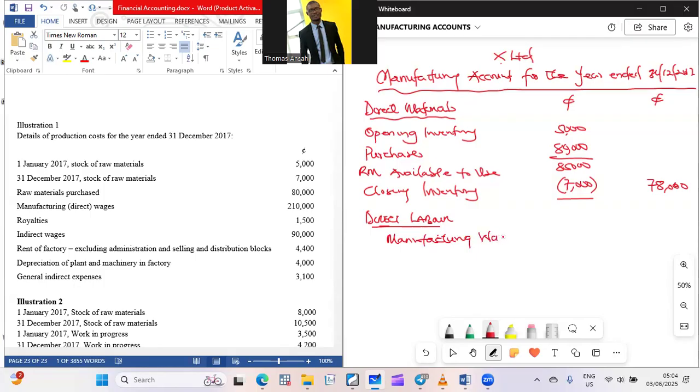Is there any other? Since we only have one, that's 210, right? You can bring it here straight, 210, because that's the total of it. Don't write it here and underline and come and write it here. No. So next is direct expenses.